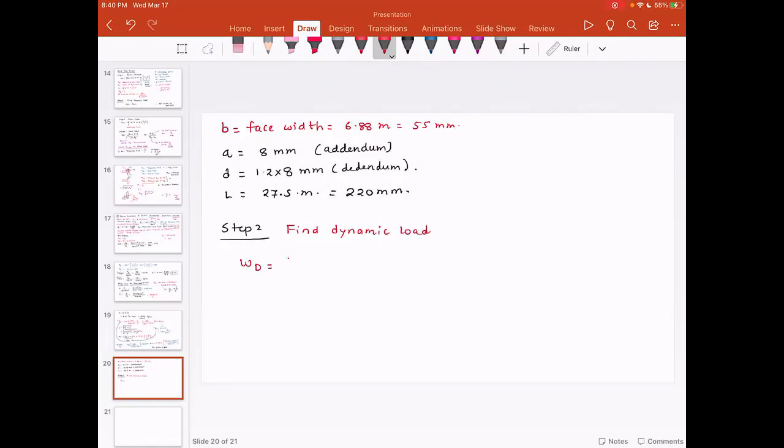WD is equal to WT plus... At this point, we have to go back to the chapter on spur gears, because the dynamic load equation for the bevel gear is the same as the dynamic load equation for the spur gear. So quickly go back and look at that equation.